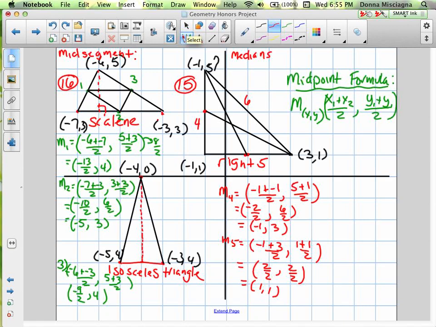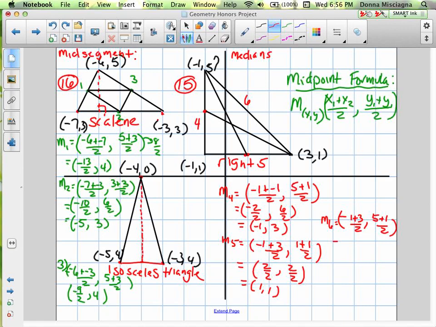So we're going to take the midpoint of side 6, that would be -1 plus 3 divided by 2, and 5 plus 1 divided by 2.